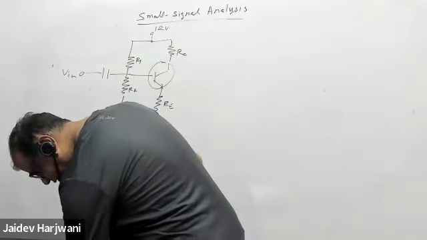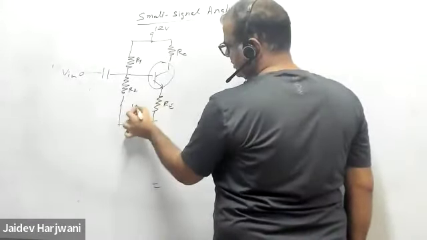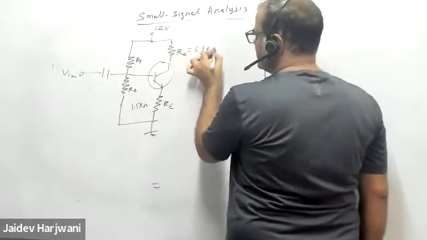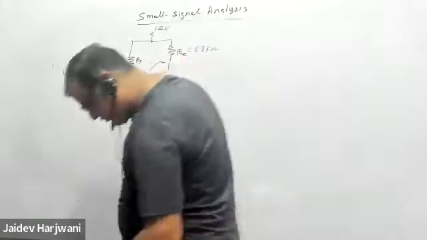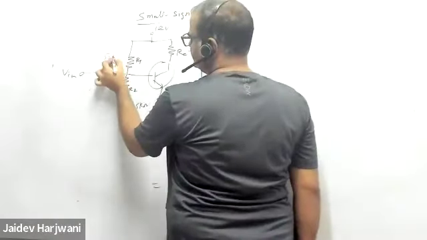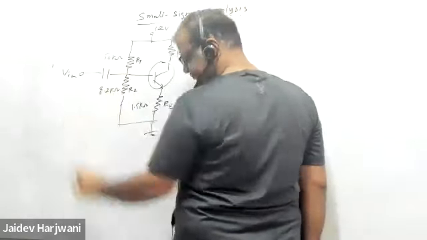Values are 6.8 kilo, 1.5 kilo. The value of R1 is 56 kilo ohm and R2 is 8.2 kilo ohm.